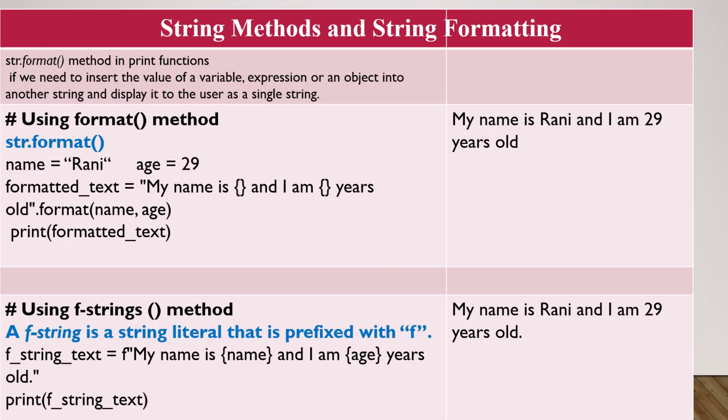While we are making use of the print function, we need to give the format of the string. There are two methods that will be followed: one is str.format and the other is f-string format. If the str.format method is used, we can insert the value of a variable, an expression or an object into another string and display it to the user as a single string.